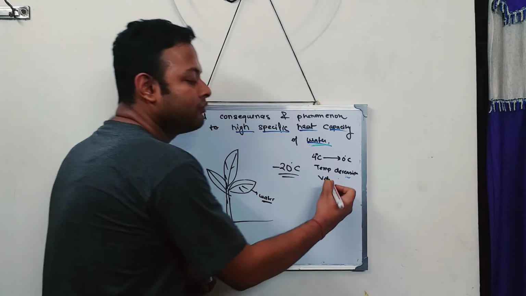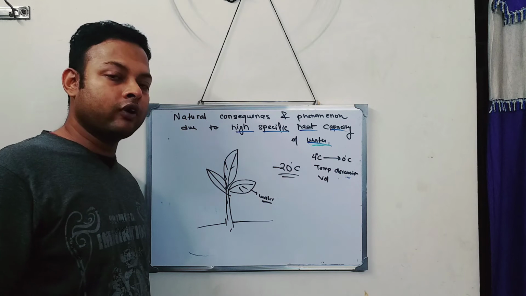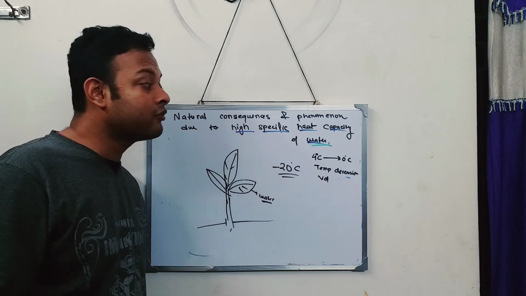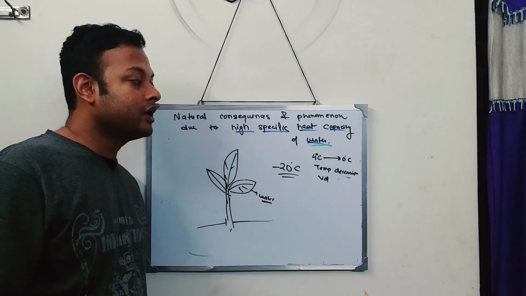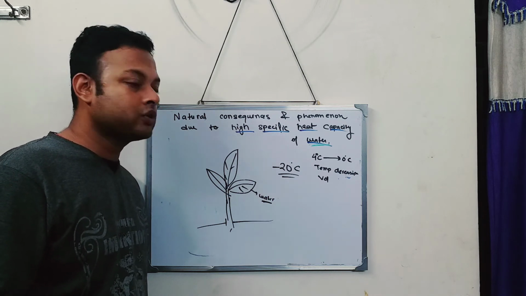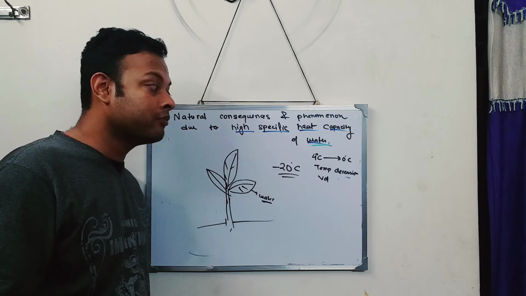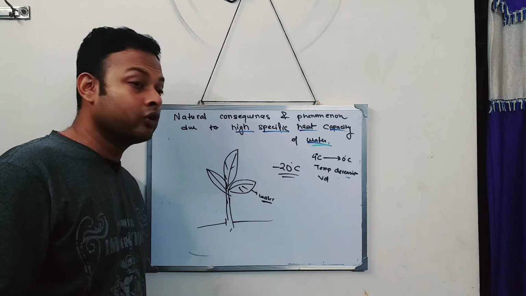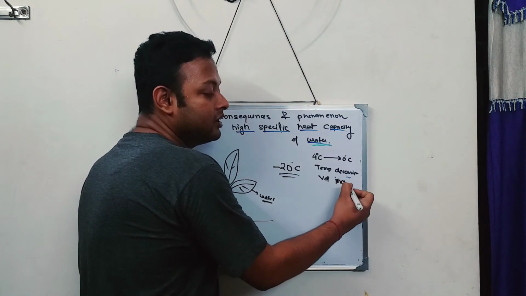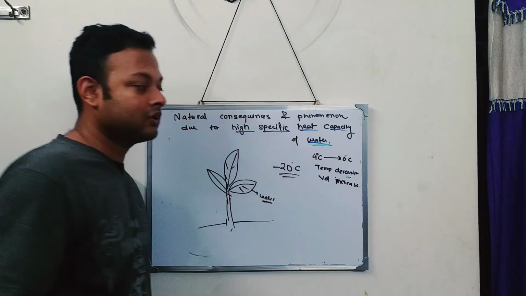What happens to the volume? Does the volume decrease or increase? Think. Class 9, I have taught you all these things. When the temperature decreases from 4 to 0, what happens to the volume? The volume will not decrease. The volume will increase. That is the anomalous expansion of water.